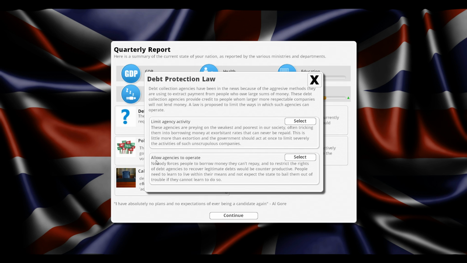And then we can choose to allow the agencies to operate. Nobody forces people to borrow money they can't repay, and to restrict the right of debt agencies to recover legitimate debts would be counterproductive. People need to learn to live with their means and not expect the state to bail them out of trouble if they cannot learn to do so.